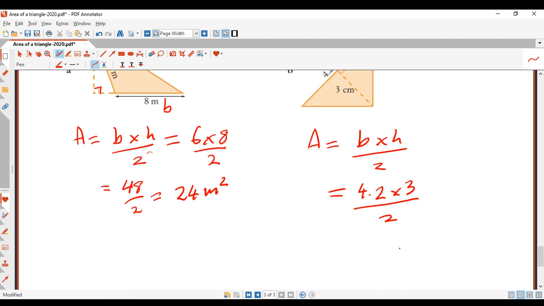Okay, so you can use a calculator, of course. It's going to give you 12.6 divided by 2, which is 6.3, and it should be centimeters squared. Okay, so that's the area of a triangle.